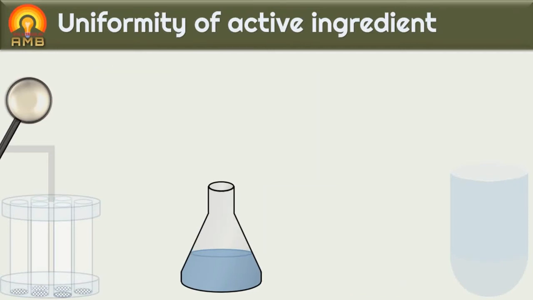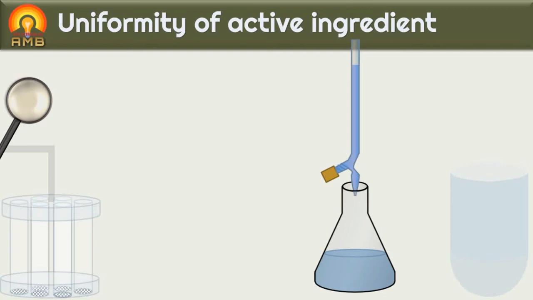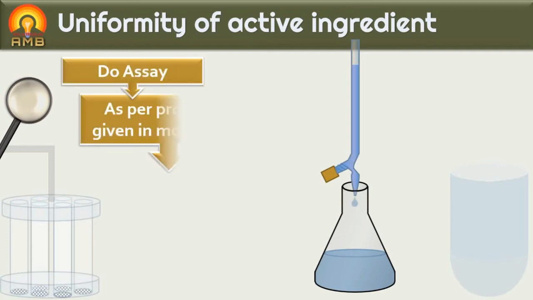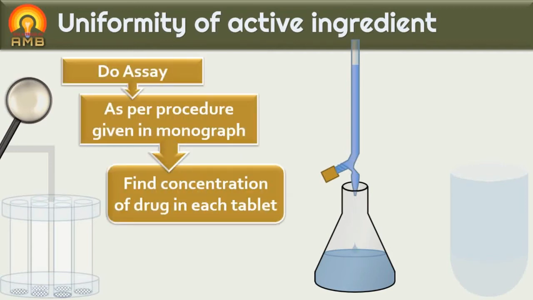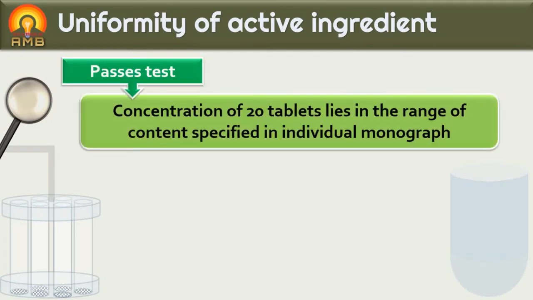Then do the assay as per the procedure given in the monograph and find the concentration of drug in each tablet. The test passes if the result of 20 tablets lies in the range of the content as specified in the individual monograph. Generally, it is 90% to 110%.